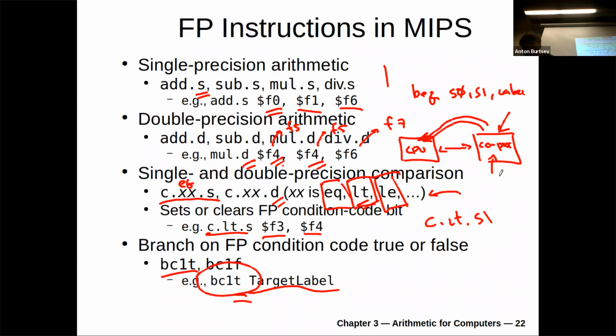All this logic for floating point additions and stuff, which I was showing briefly, is actually implemented by the coprocessor. And these floating point registers exist there as well. So when you do a load into a register, it will go exactly there.